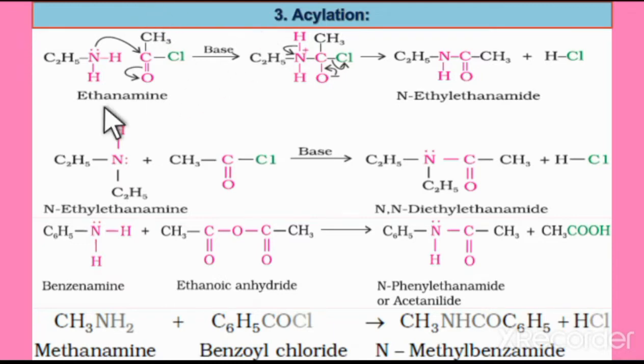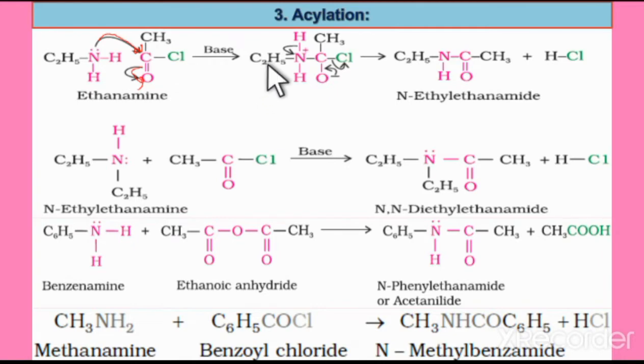In this case, when amines are treated with an acyl halide, here acetyl chloride, the nitrogen has a pair of electrons which attacks the carbonyl carbon of the acyl halide. When the pair of electrons attacks this carbon, the double bond moves towards oxygen, so the oxygen gets a negative charge and a bond forms between the nitrogen and the carbon.